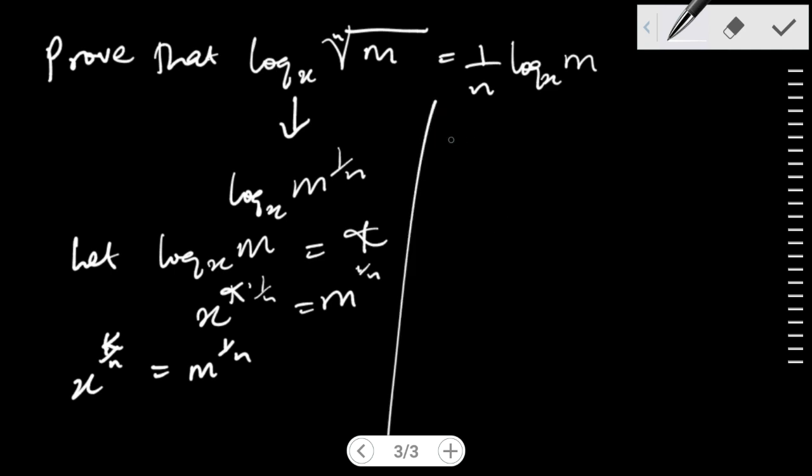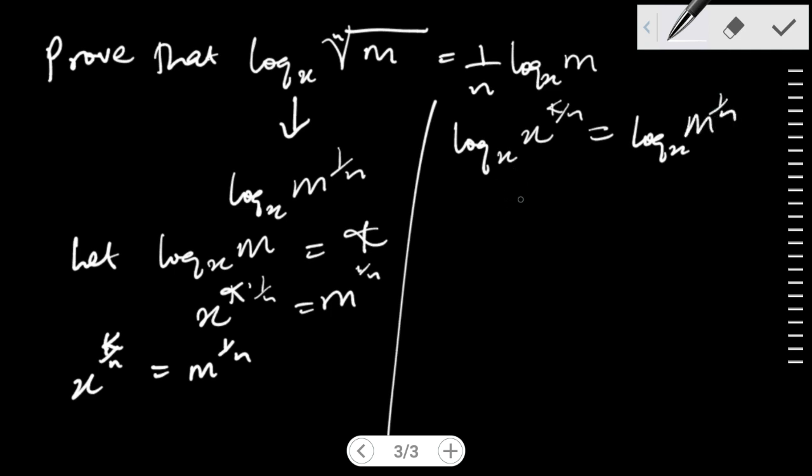So we are going to have log x of x to the power k out of n equaling to log of x m to the power 1 out of n.